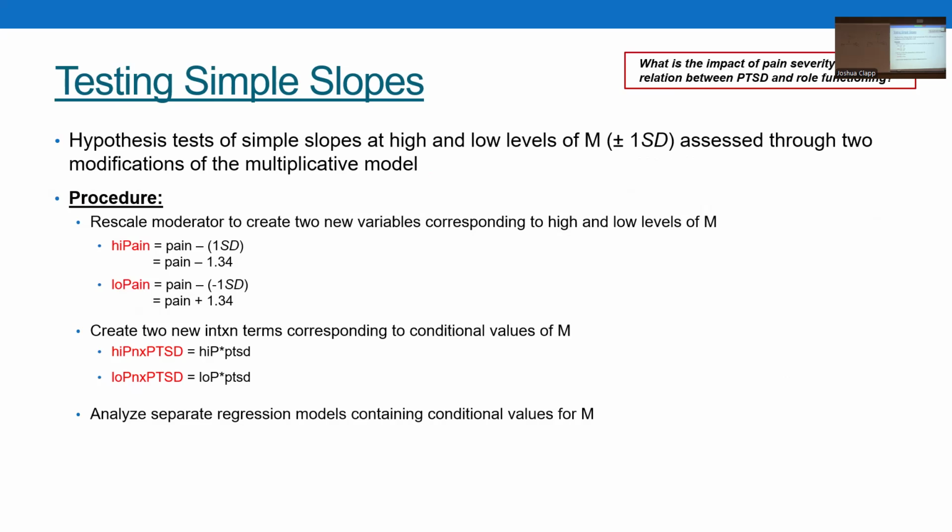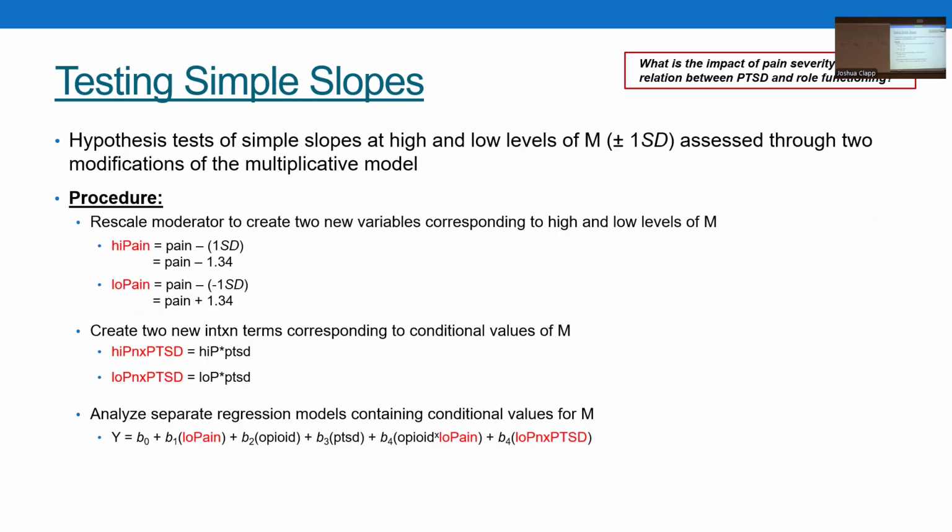Then you're just going to create a new regression model, and all you're going to do is substitute whatever terms you're actually interested in looking at here. So for looking at your conditional effect of PTSD on functioning at low levels of pain, here's your intercept.